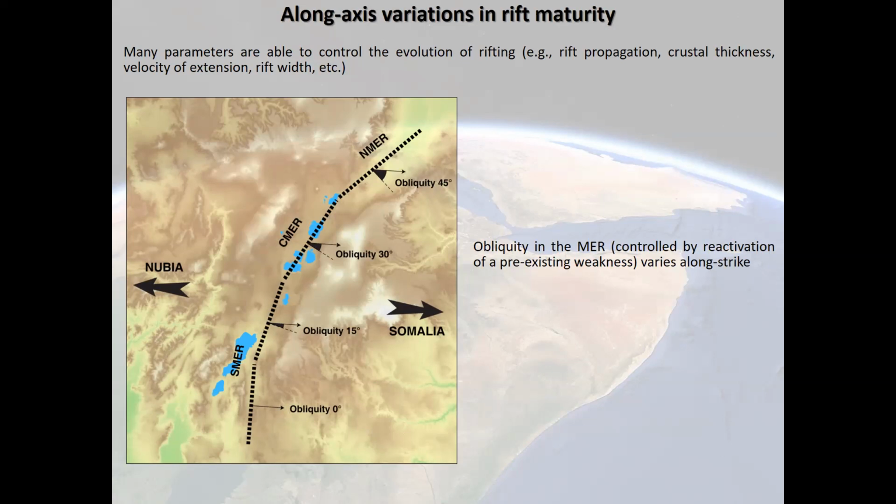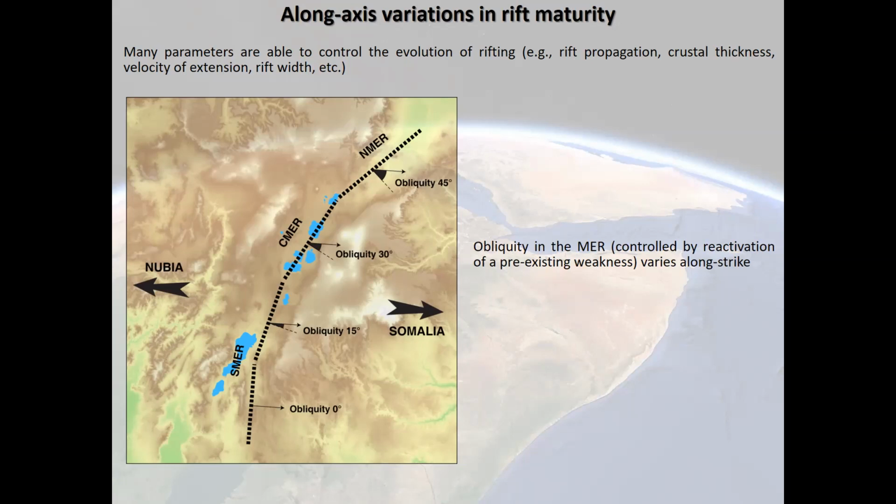What we found by means of several different series of analog models is that obliquity and the along-axis variation in rift kinematics in the Main Ethiopian Rift can play a major role in controlling this variation, because, as I explained at the beginning, the reactivation of pre-existing weakness creates conditions of orthogonal rifting in the south and oblique rifting in the north.